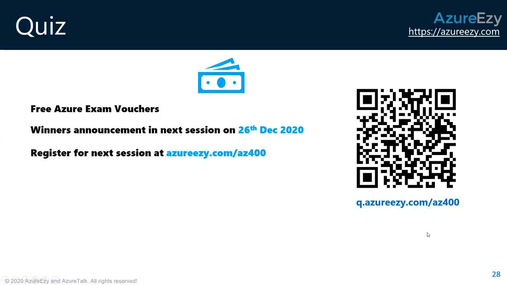I have corrected the URL, guys, and I have also posted the correct link in the chat as well. Sorry for those who are not able to access it, but the QR code should be working fine. There was one link that we mentioned in the chat which was incorrect.